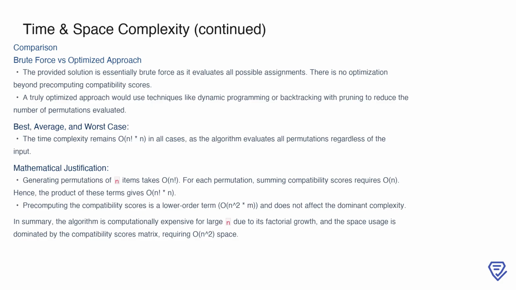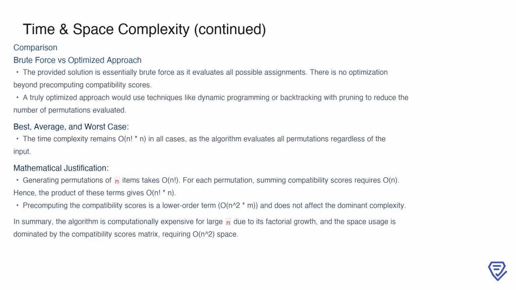Regarding the best, average, and worst cases, the time complexity remains O(n × n!) in all scenarios since every permutation is evaluated regardless of the input. Mathematically, generating permutations of n items takes O(n!), and summing compatibility scores for each permutation requires O(n). These two components multiply, resulting in O(n × n!).